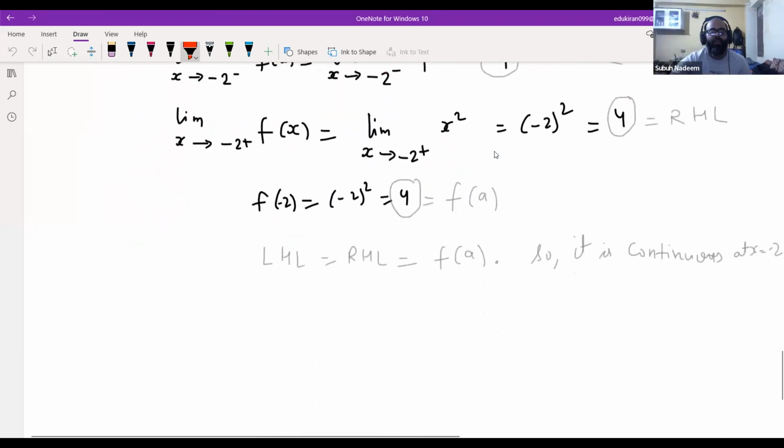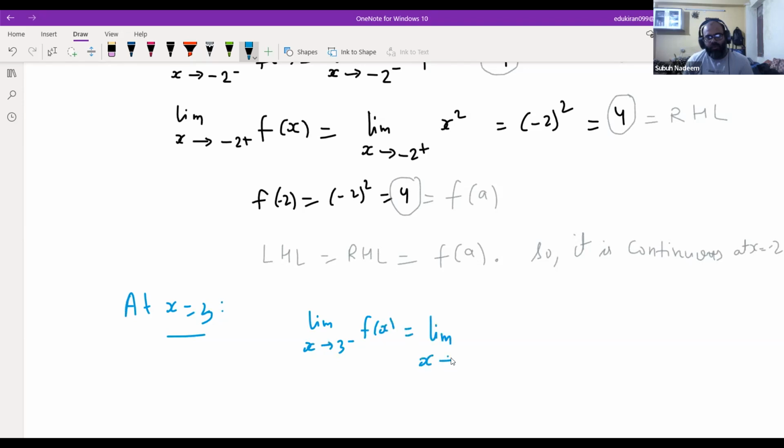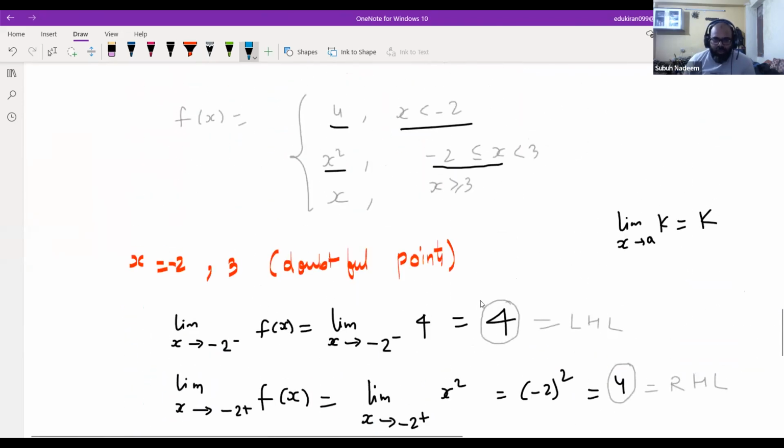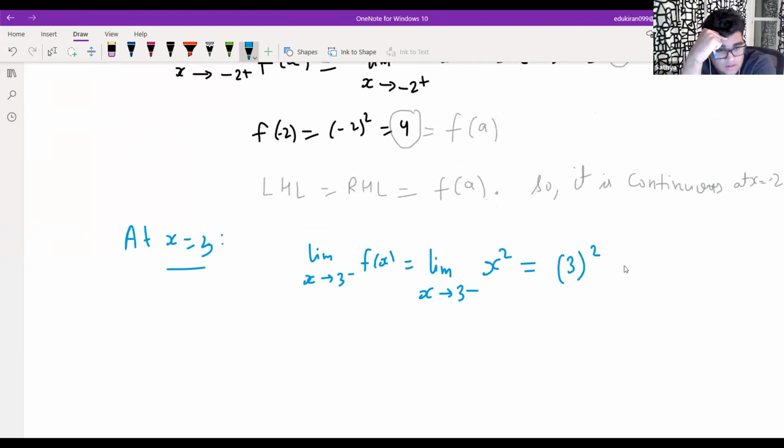Now at x equal to 3, we want to check. The limit as x approaches 3 minus of f of x is the left of 3. At the left of 3, we have x square, so this will be 3 square, that will be 9.